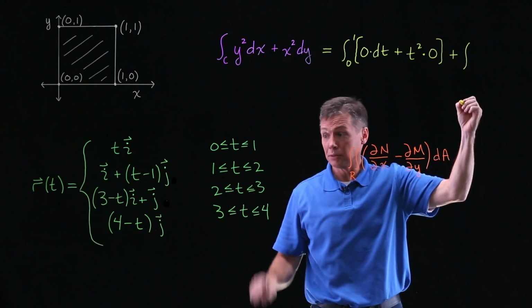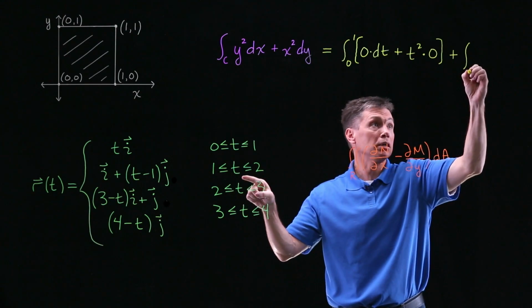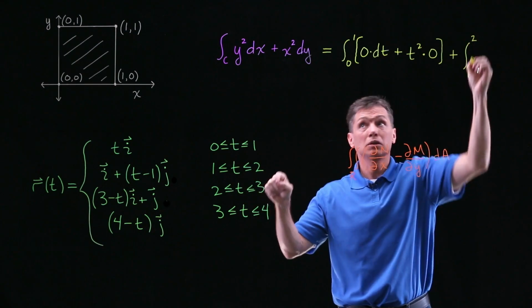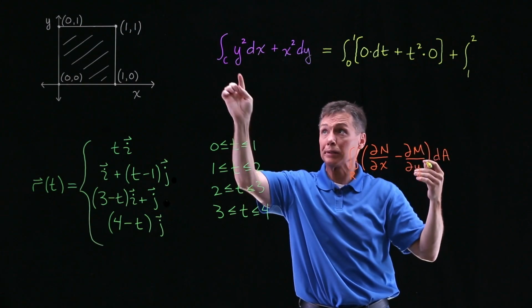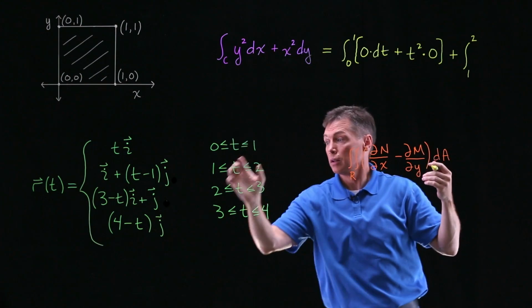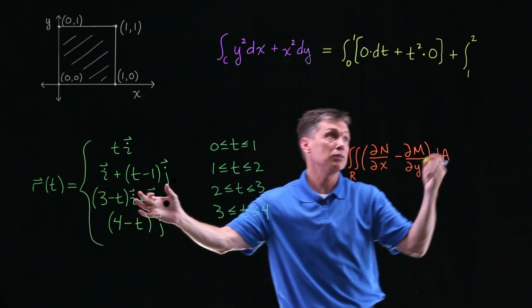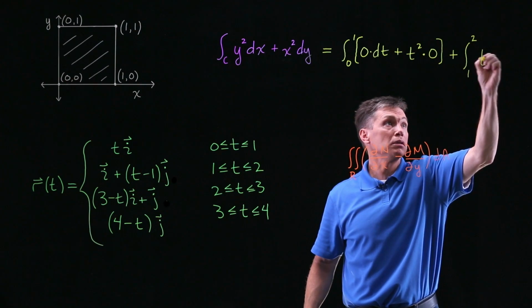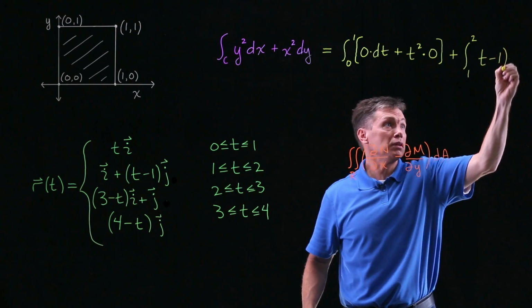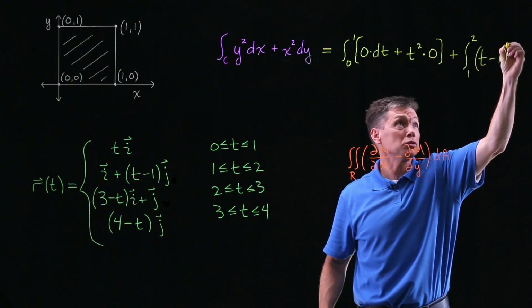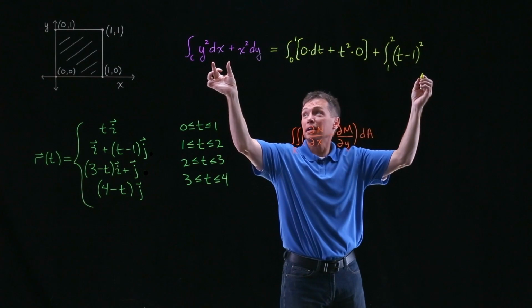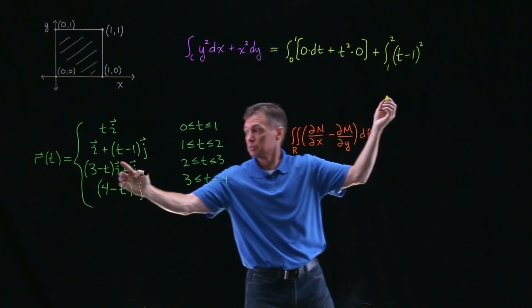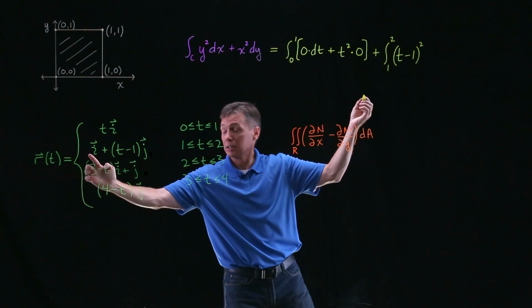Now I'm just slipping down to the second branch. I'm going from 1 to 2. Let's go through that same setup, that same plug-in, really. Y squared, this time I do have a y, it's t minus 1. They did say squared, the y was squared. Okay, and then dx. dx is going to come from our derivative of the i component.